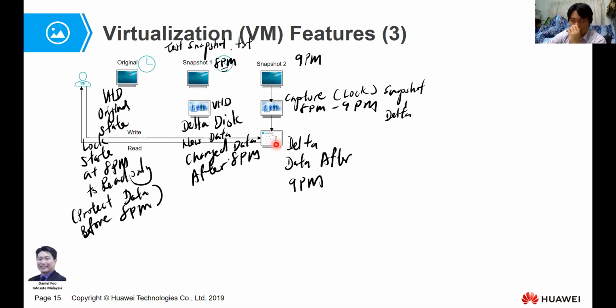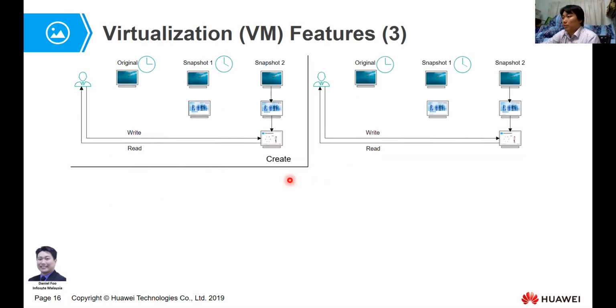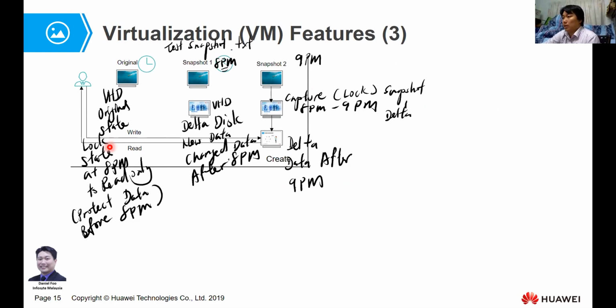So this is the concept for your snapshot creation. Pretty easy, clear? This is how you create your snapshot. Once you have a snapshot, your earlier disk will get locked into a read-only state. When you have multiple snapshots like this, your original disk will get locked, and the data before 8 p.m. will get protected.